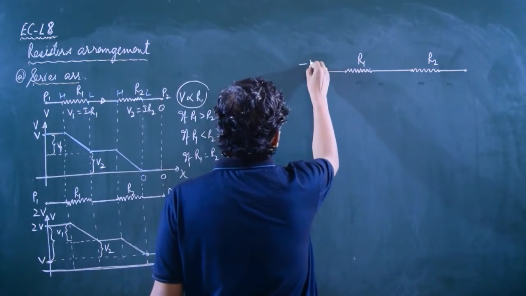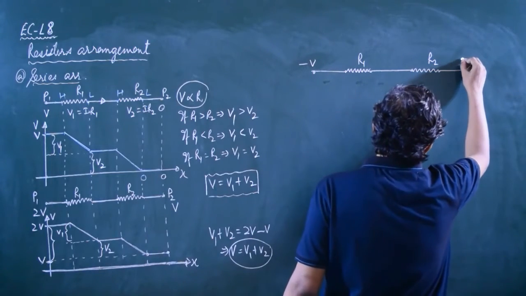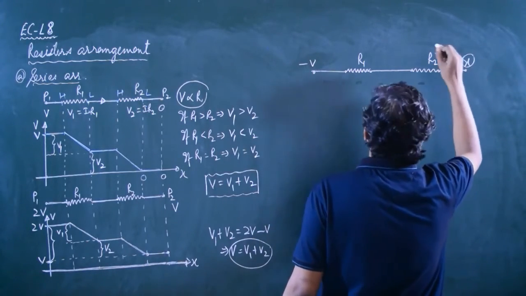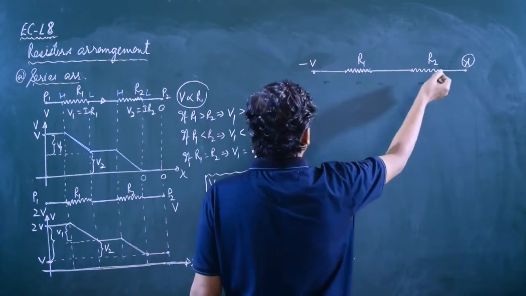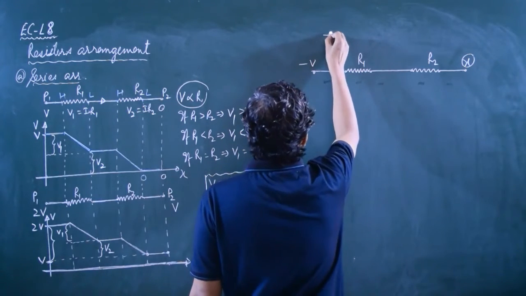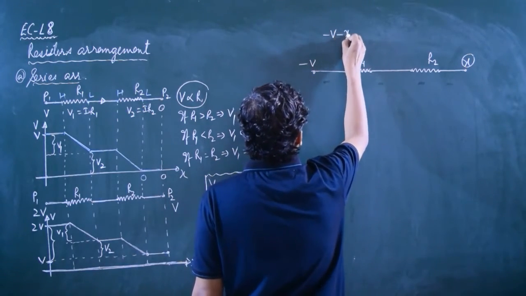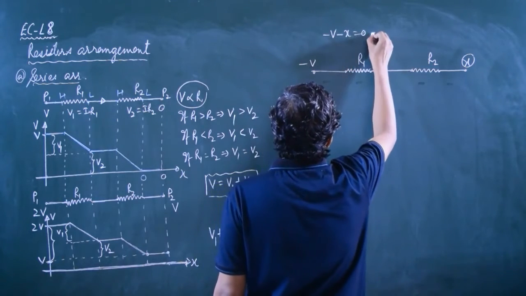Minus V. Then what should be the potential here? Suppose it is X. So the potential difference between them is again V. So minus V minus X is 0.